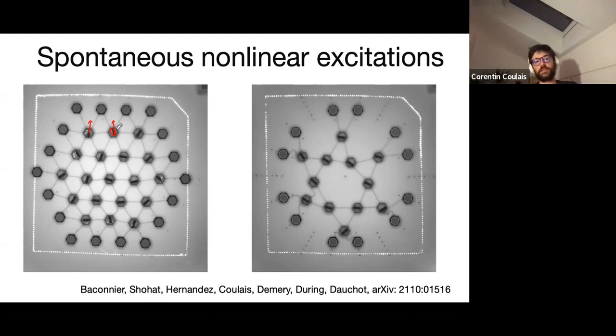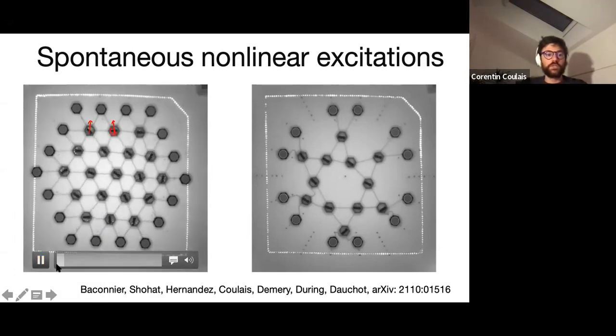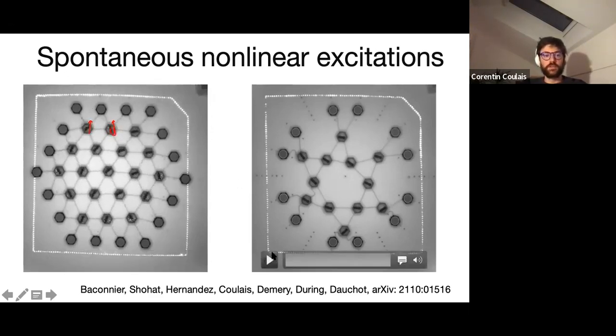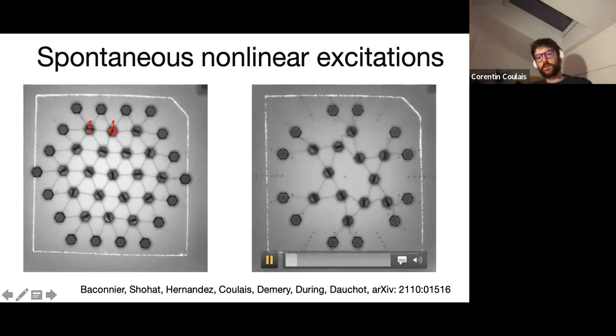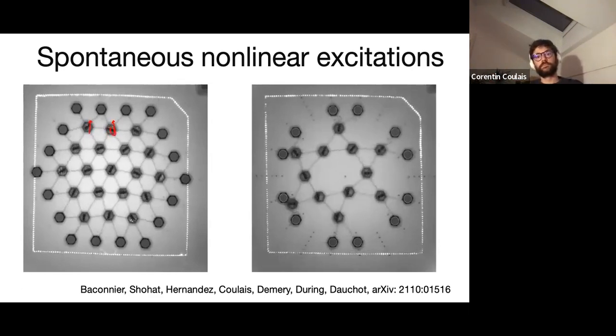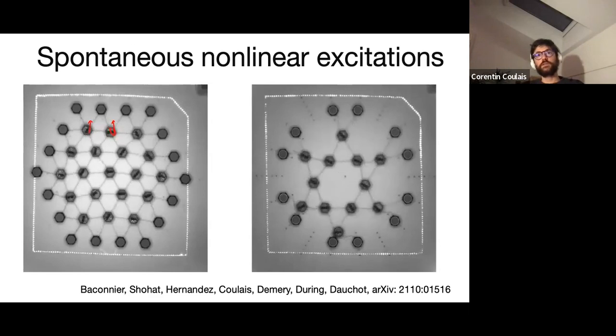And I think it's this non-reciprocal way that ultimately leads to this bifurcation where you have this spontaneous breaking of chiral symmetry. And then I can show you the movie again. So all units will synchronize, and turn clockwise or counterclockwise. Here or here, ultimately. Yeah, does it answer your question?